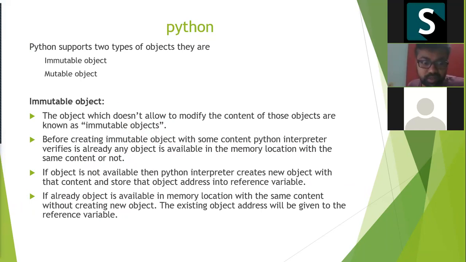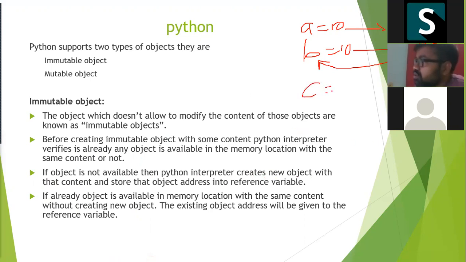As we saw, if I create A equal to 10 and B equal to 10, when I create A equal to 10, the memory object is created for A. The interpreter cross-checks, and if it is already created, it takes that reference address and assigns it to B.